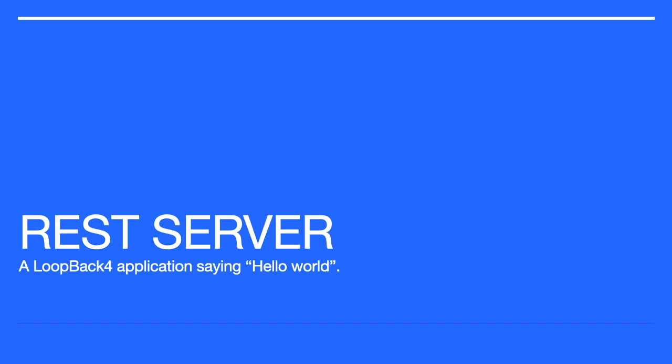Okay, so let's talk about the REST server. Remember, we are using LoopBack 4 in order to create REST APIs, in this case, in this lesson, but you can build anything with LoopBack 4. So we are going to be creating a Hello World application: a controller that, whenever its URL path is invoked from a client, will just say Hello World.